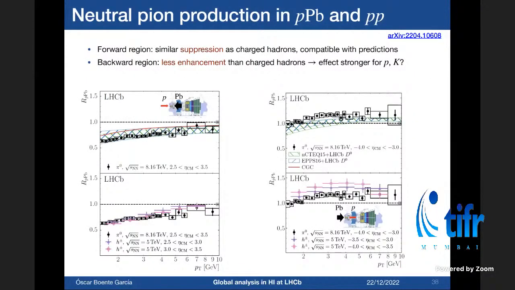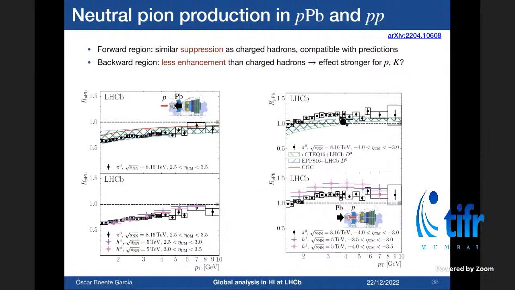And these are the results. So basically, we have here the forward region and here the backward region. We observe a similar suppression in the forward as is predicted by the models, and also as we saw with charged hadrons, which you have here overlaid with points.